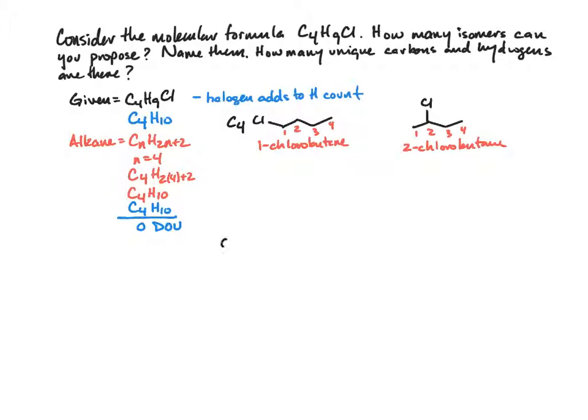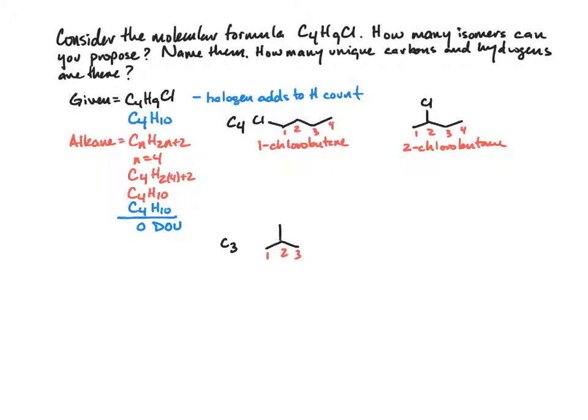So we're going to write C3, and we're going to have a 3-carbon chain: 1, 2, 3. Now we have a chlorine and a methyl group to consider. The methyl group can really only go at position 2, because if we put it at 1 or 3, we're just making a 4-carbon linear chain.